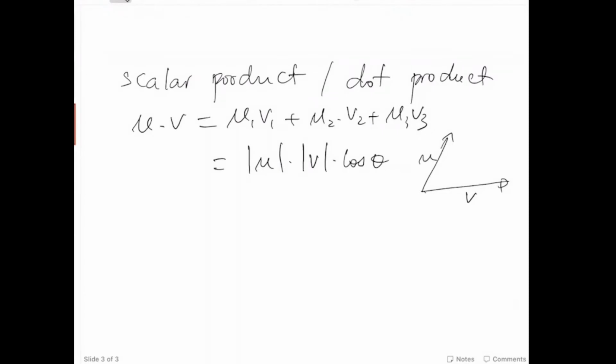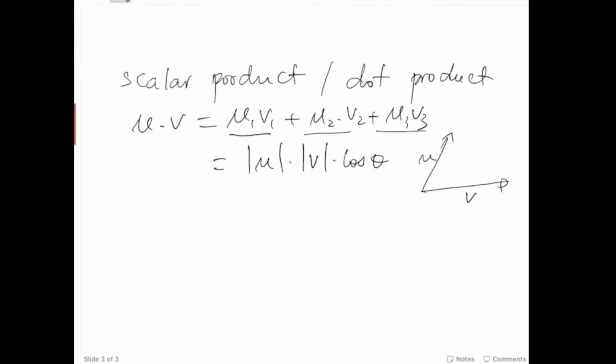So the dot product is the same as the scalar product. That means if you do the product, what you get is a scalar, because you are just adding the products of the elements; it is not a vector, it becomes a scalar. But it's called either a scalar product or a dot product.